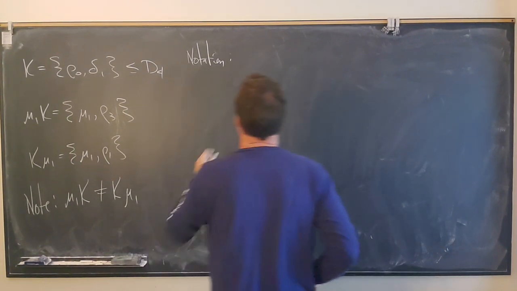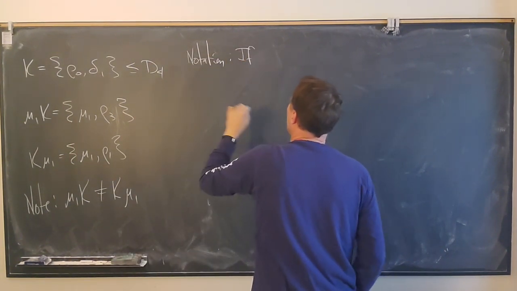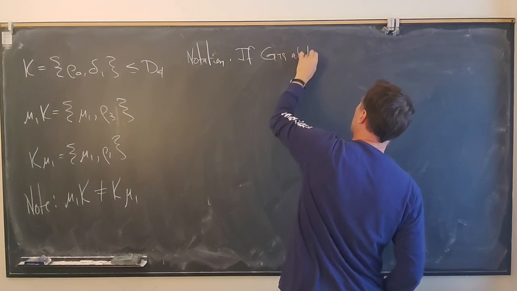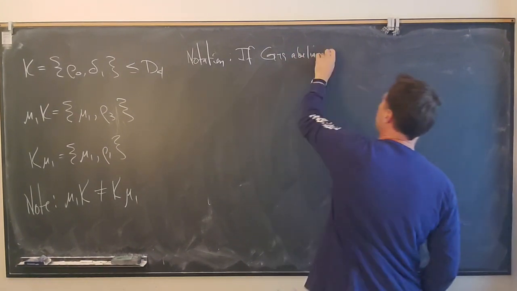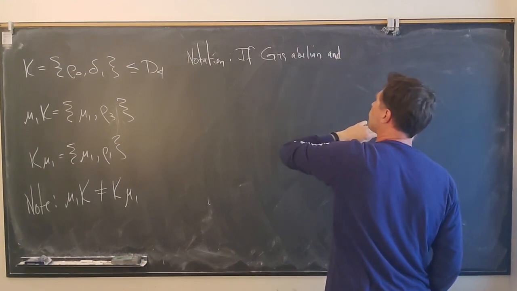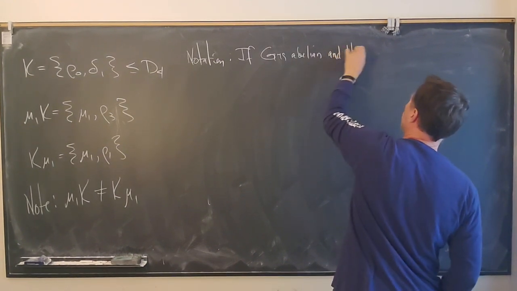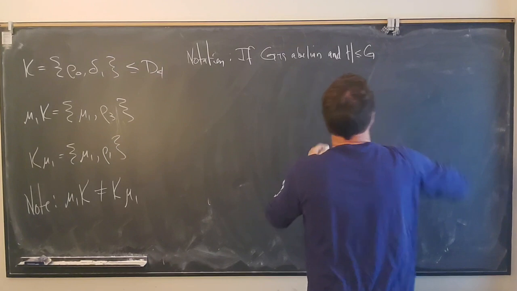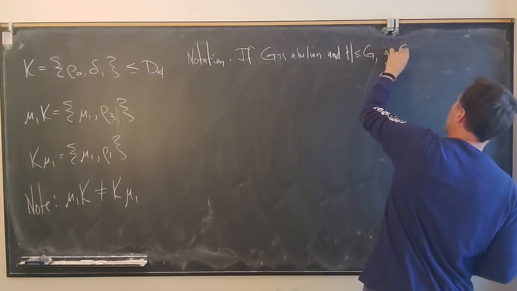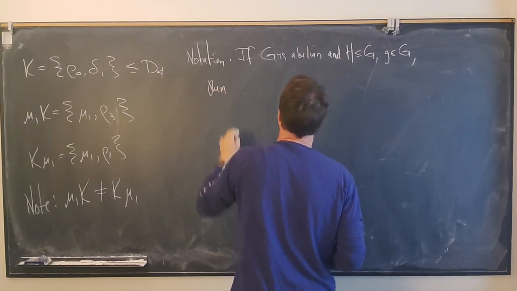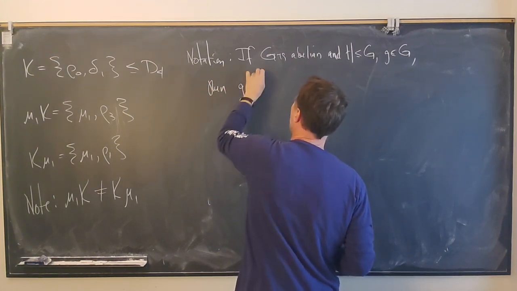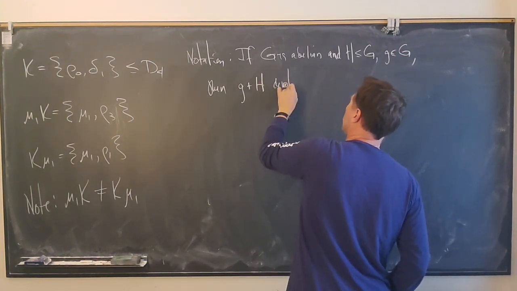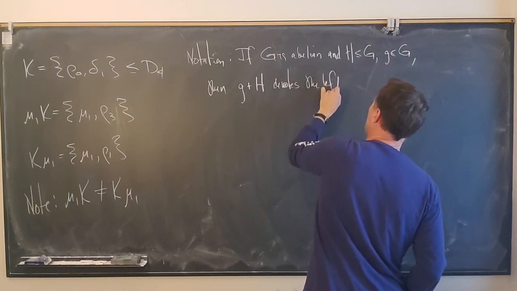But if G is abelian, H is a subgroup of G, and g is an element of capital G, then we typically denote the coset using additive notation, g plus H. This denotes the left coset.